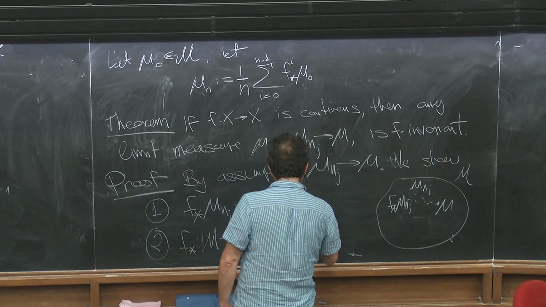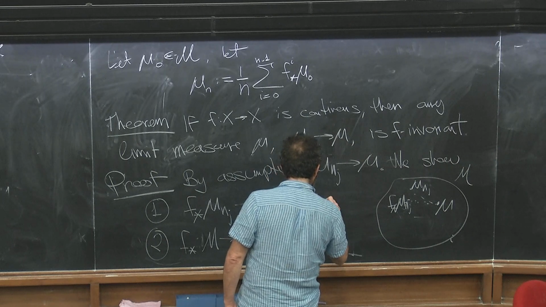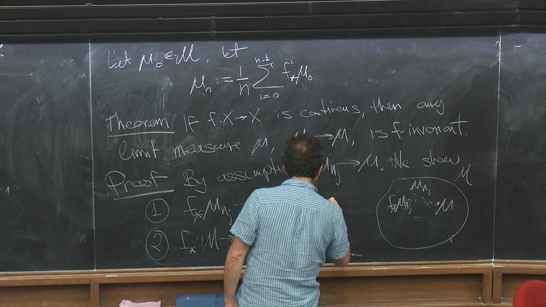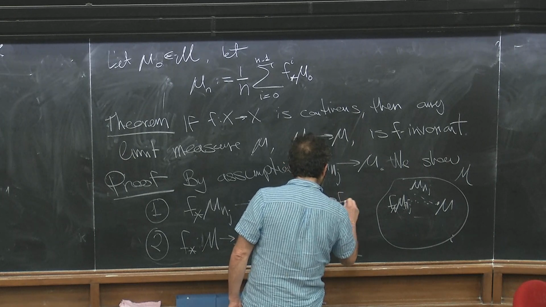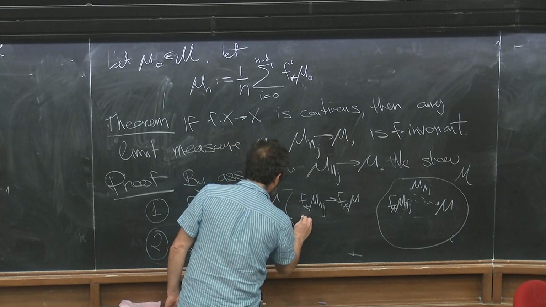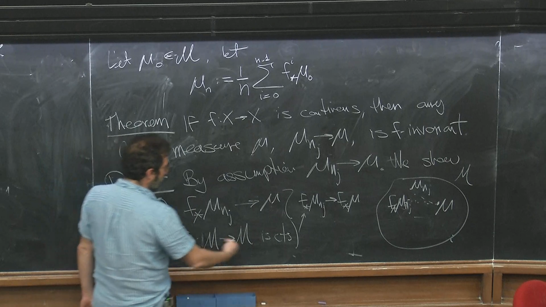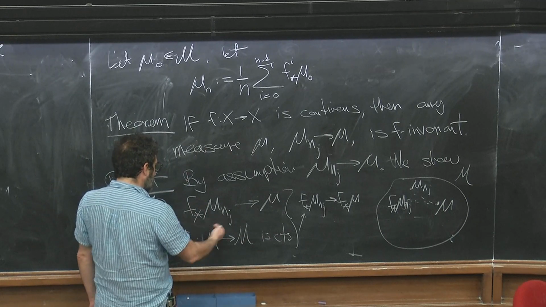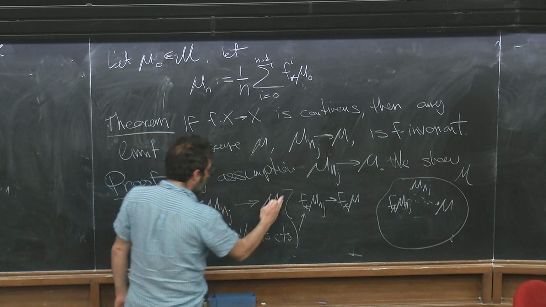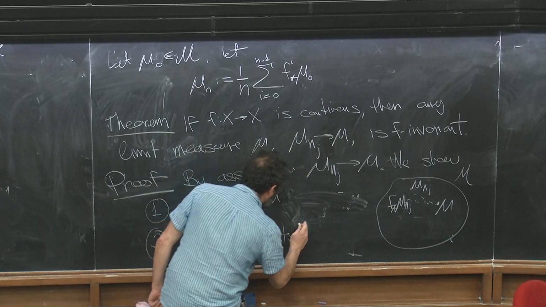Then if you combine these two properties, the fact that it's continuous means that f star of mu nj converges to f star of mu, right? Actually, this is the continuity. You apply the continuity to the sequence, so maybe I should have written it as a consequence of this.